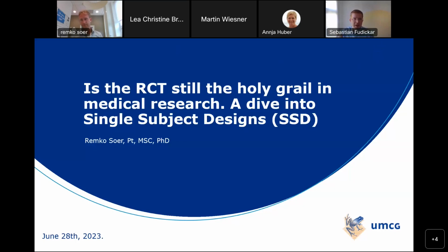And we're glad to welcome Remco today in our group to give us an introduction covering the comparison of the randomized controlled trial, which might still be the holy grail in medical research, and then the N-of-1 and maybe anything in between.